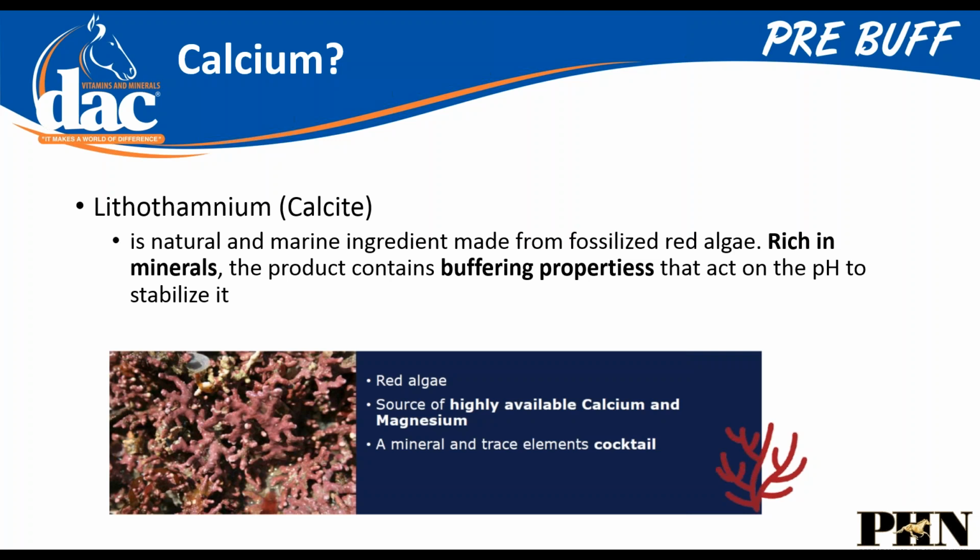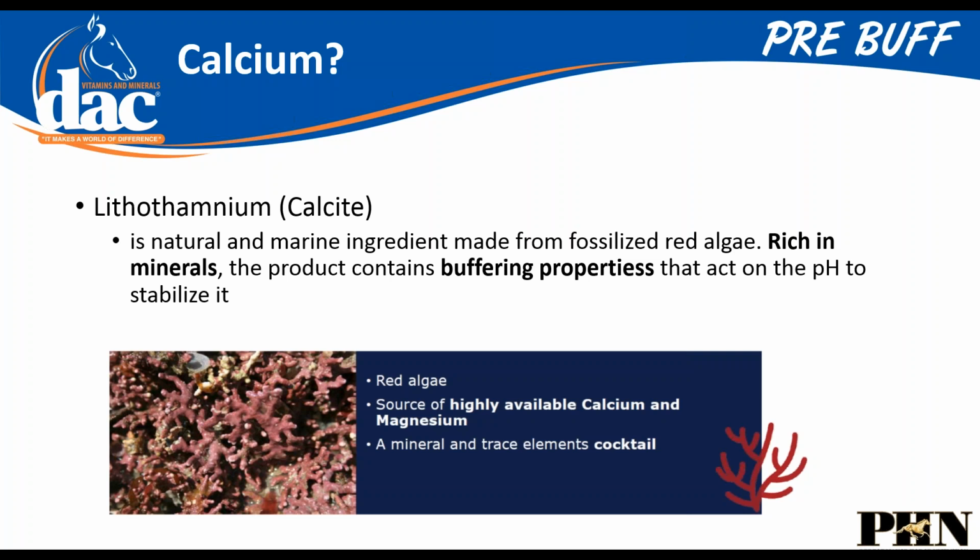We know that there is calcium carbonate, we typically call that limestone, but more recently we have been using a natural marine sourced type of calcium. It's mined from fossilized red algae. It's rich in minerals, and this product has really strong buffering properties.